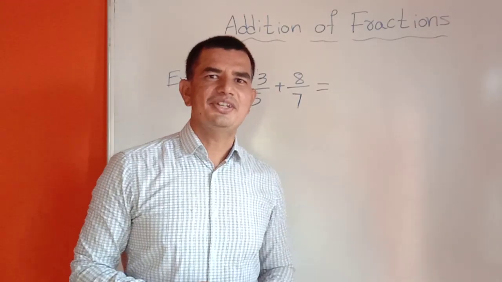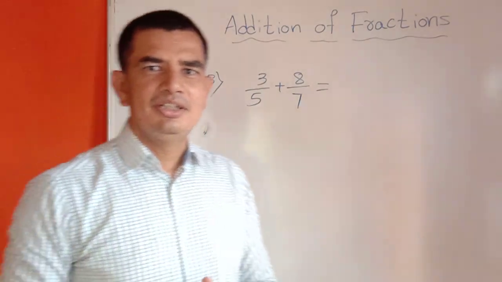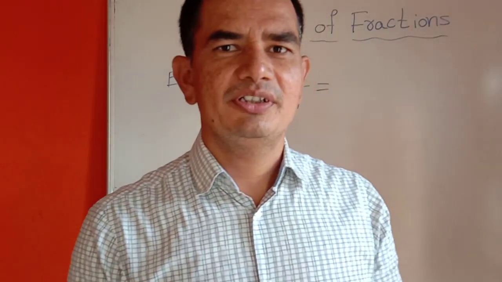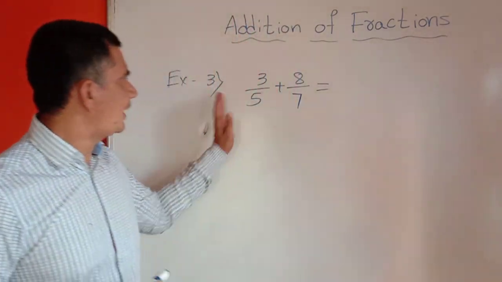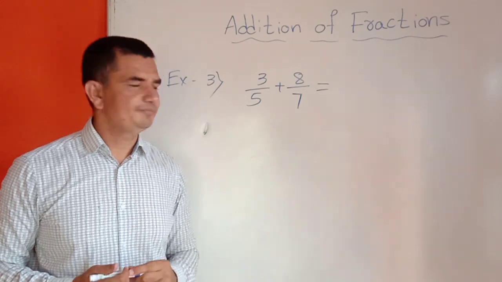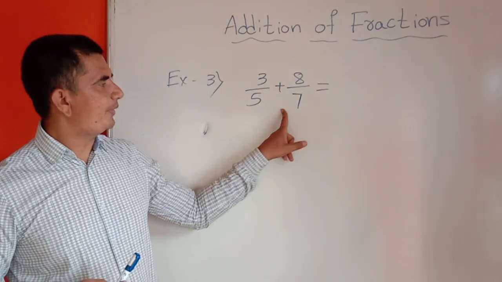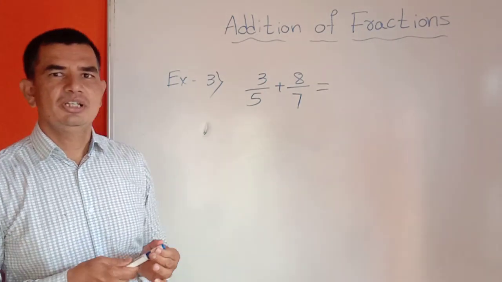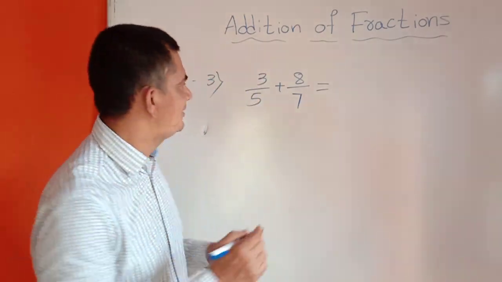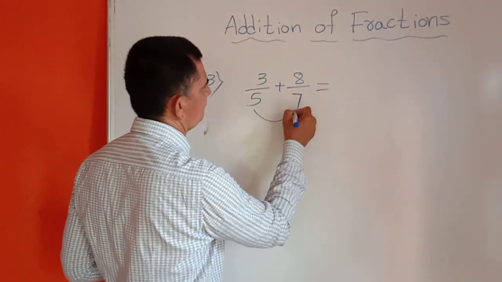Okay, students, let's see one more example that is also same when the denominators are changed. Let's see. Here I have written one question, 3 by 5 plus 8 by 7. So already I told you when the denominators are same, we can do easily, but when the denominators are changed, what we have to do? We have to find out the LCM of these denominators.